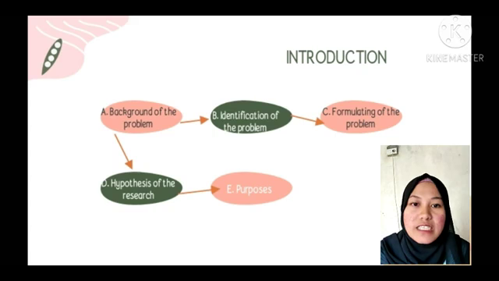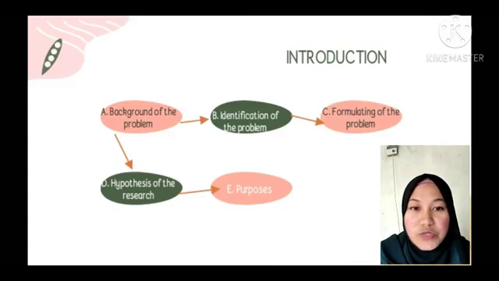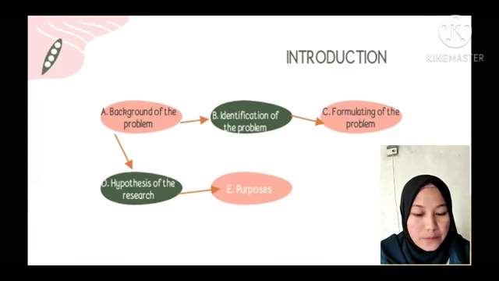The formulation of the problem is as follows. A. Do the students understand the material presented by the teacher using synchronous and asynchronous system? B. Do the students understand the material more through a synchronous and asynchronous system? C. Evaluating student learning outcomes through a synchronous and asynchronous system.